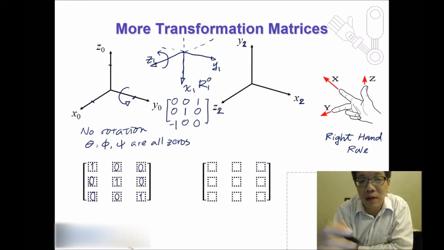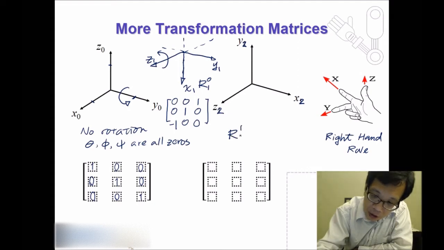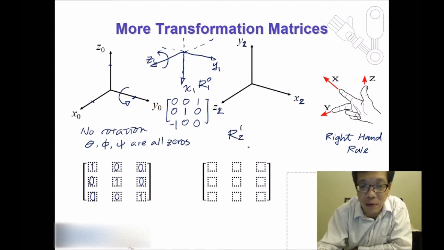When we do this, our y1 goes from this direction to the new y2 direction, and our x1 direction is also rotated by 90 degrees from x1 into x2 direction. Now we want to determine the transformation matrix from frame 1 to frame 2.